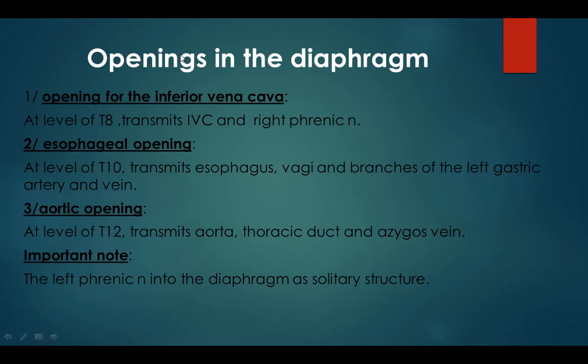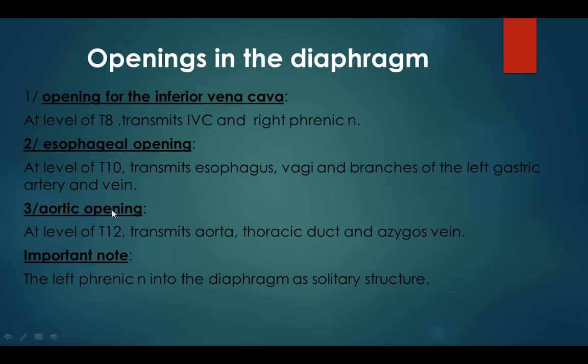Openings of the diaphragm. Here we have the opening of the inferior vena cava at the level of T8, which transmits the inferior vena cava and the right phrenic nerve. We have the esophageal opening at the level of T10, transmitting the esophagus, vagus, and branches of the left gastric artery and vein.